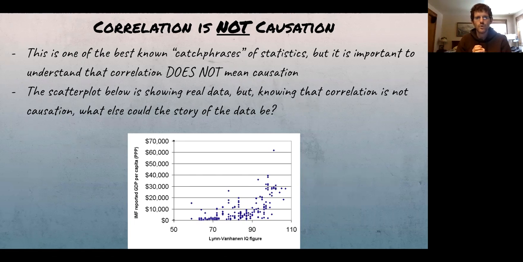So what is this data trying to imply? Let's just say that. So just a reminder that the explanatory variable is the national IQ on average.